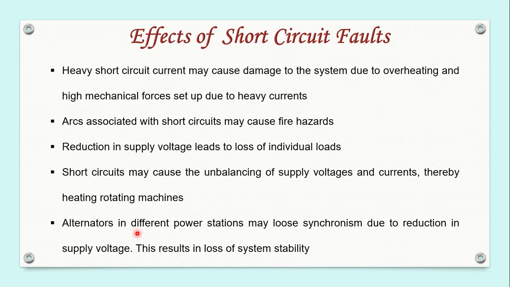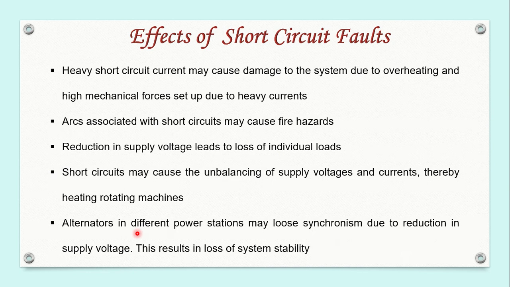We have studied certain conditions for synchronizing alternators, for parallel operation of alternators. We know the various conditions, that their frequencies should be equal, their phase sequence should be equal, and one of the main points is that their terminal voltages should be equal.